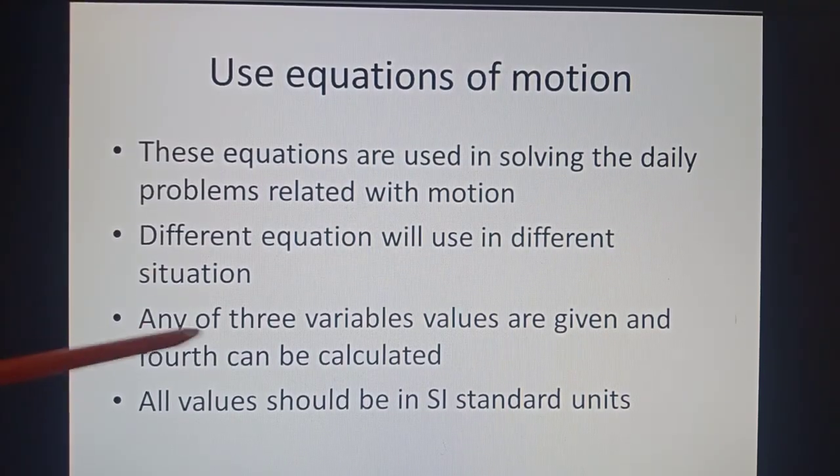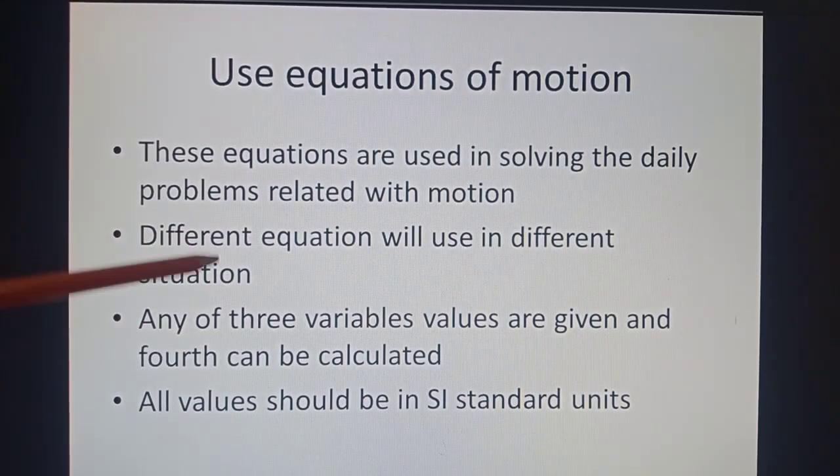All values should be in system international units. Students or viewers, it is very important. When you are applying an equation of motion and putting in the values of different variables, keep in your mind that all the values should be in standard system international units.